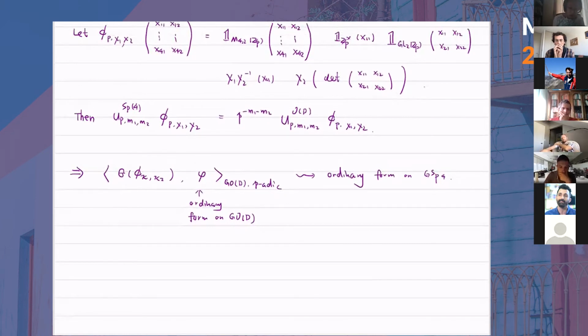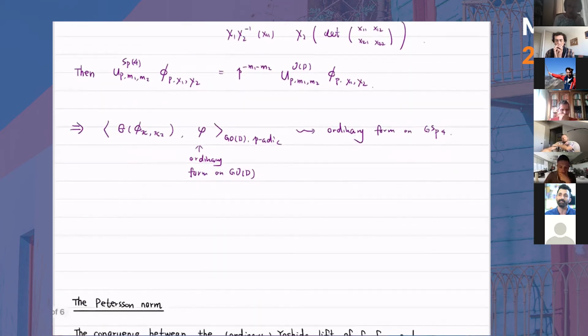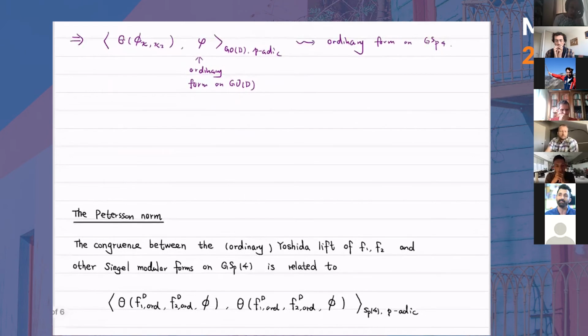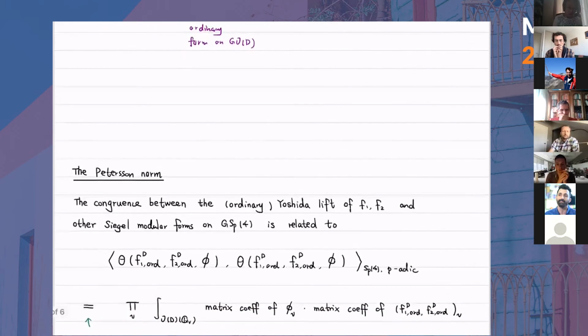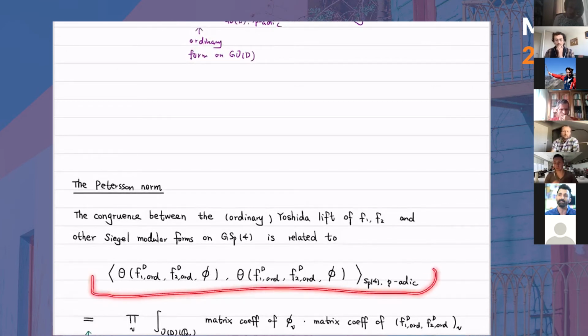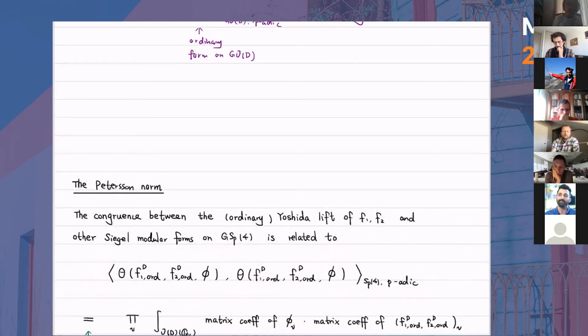So next, I want to say something about computing the Petersson norm. Why we consider the Petersson norm is because we know that in principle, the congruence between the Yoshida lifts and the other Hecke modular forms is related to the p-adic Petersson norm of the Yoshida lift.